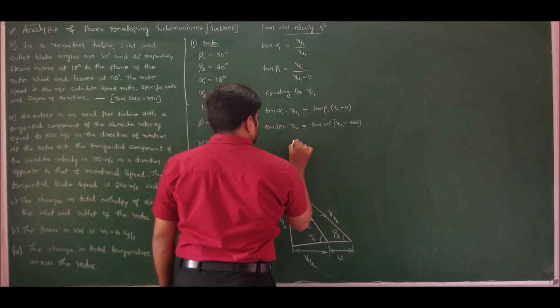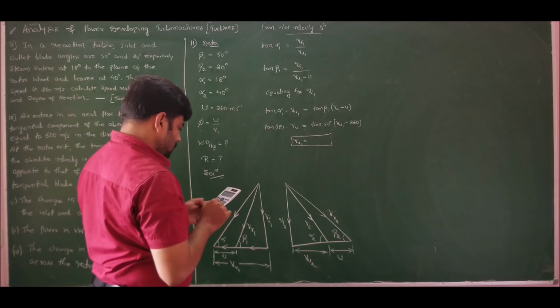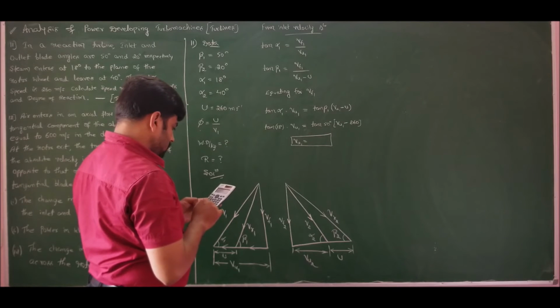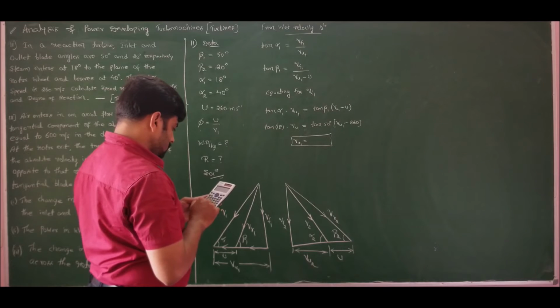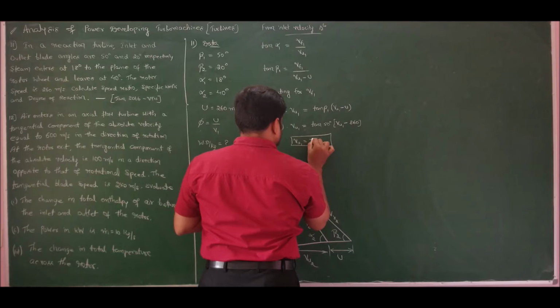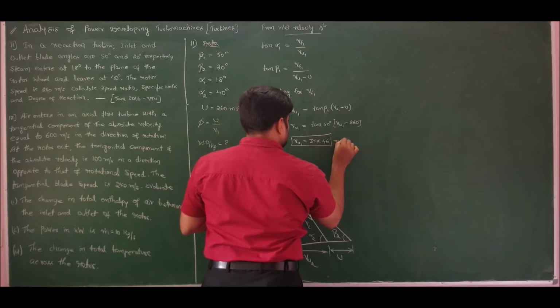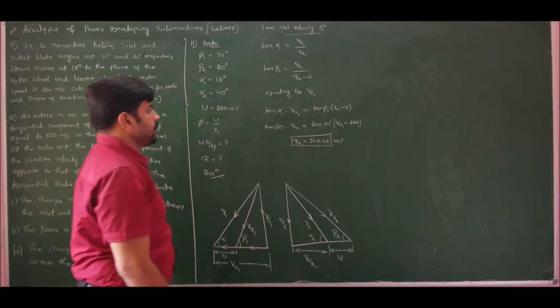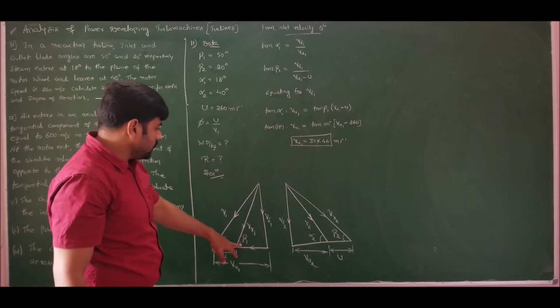Therefore, Vu1 is equal to 357.46 meters per second.